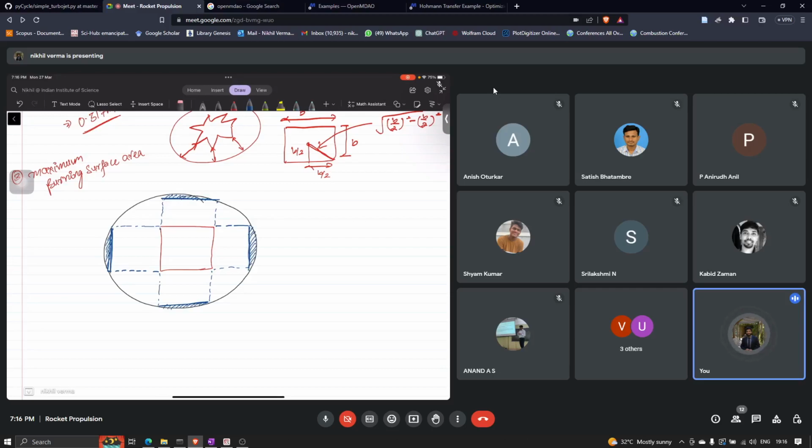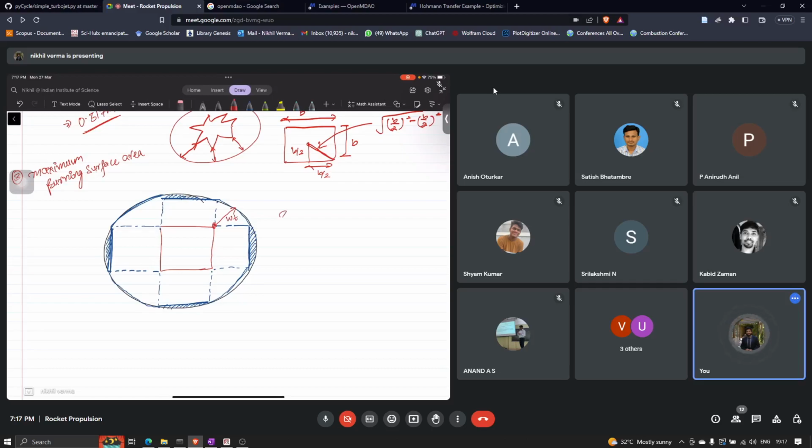So this is your sliverage, right? And this will be your maximum surface area. Now from this point this is a web thickness, right?